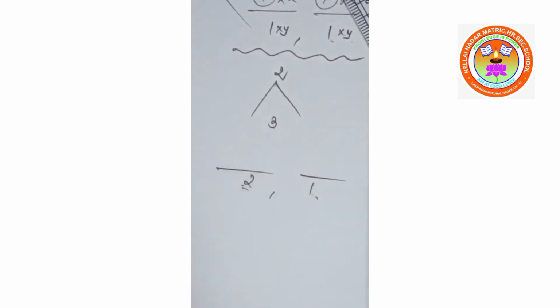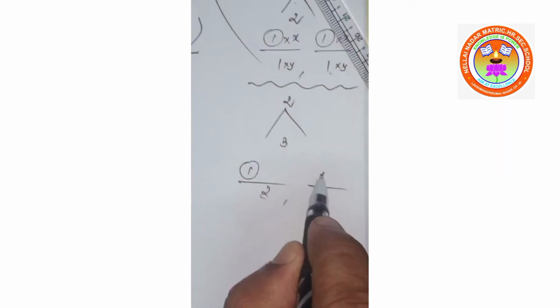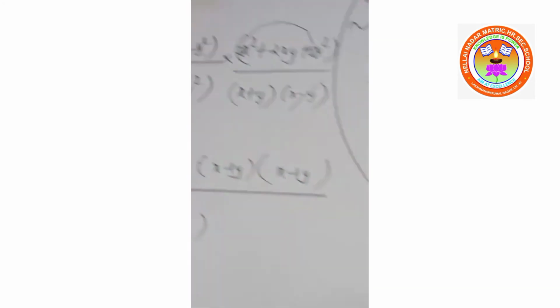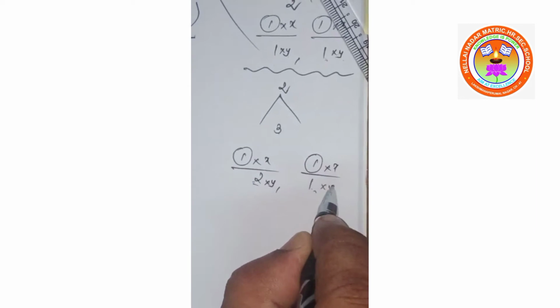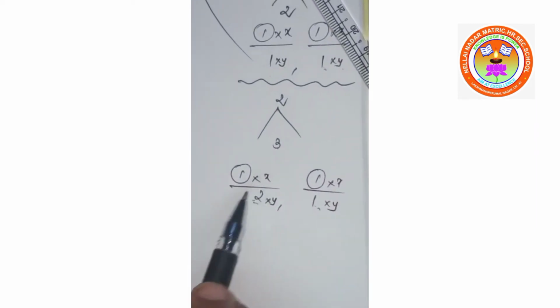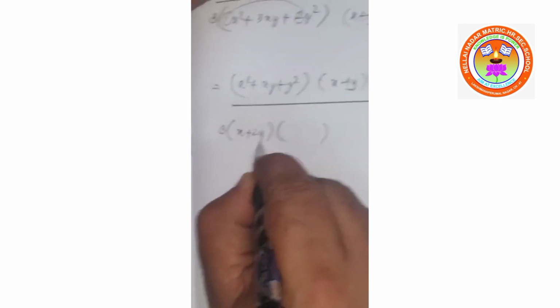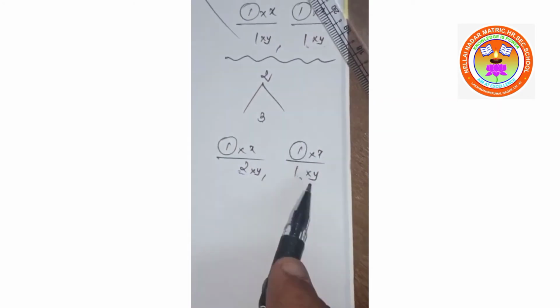Once again you have to consider the coefficient of x². What is here? Write 1. 1 in numerator. Here we have two variables x and y, into x in the numerator, into y in the denominator. So 1 into x, 1x, 2 into y, 2y, so x + 2y. 1 into x, x, 1 into y, y, so x + y.